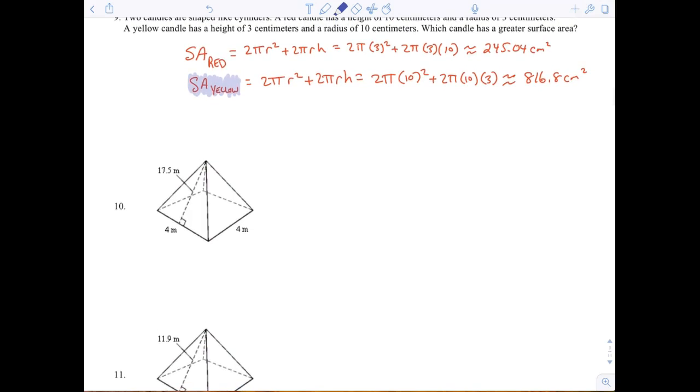All right, now for number 10, we're finding the surface area. Surface area equals area of the base plus, how many triangles are there? 4 times 1/2 base times height. Everybody agree with that?